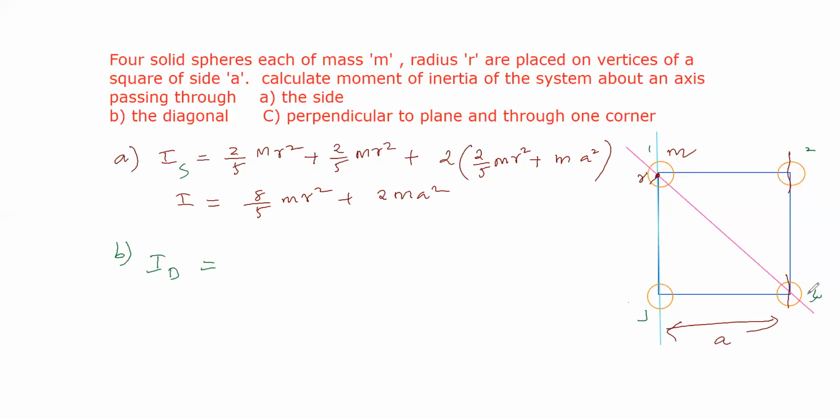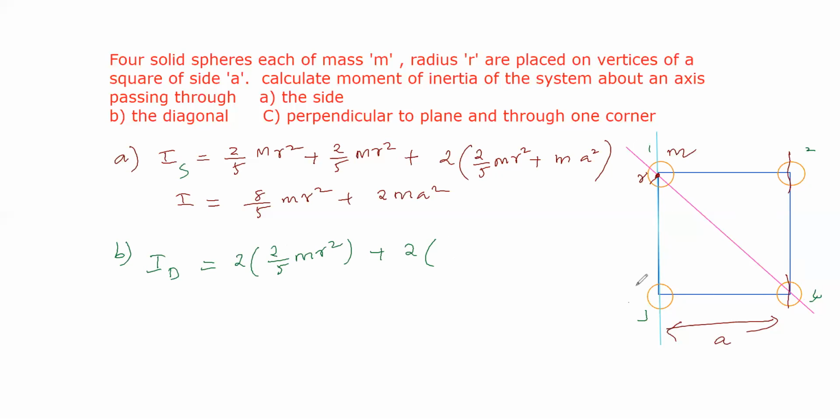Spheres 1 and 4 are on the axis, so for each the moment of inertia is 2/5 mr². Since two spheres are on the axis, we take 2 times. Plus, the other two spheres are at the same distance from the diagonal, so we use the parallel axis theorem, and we take 2 times one sphere.